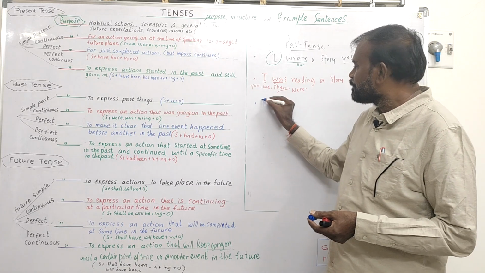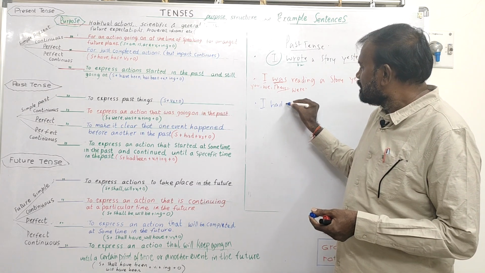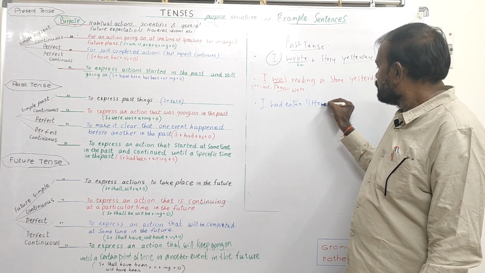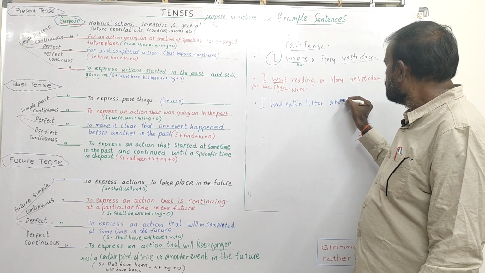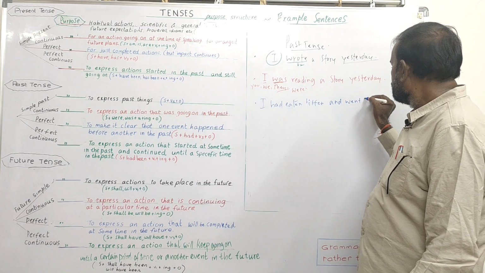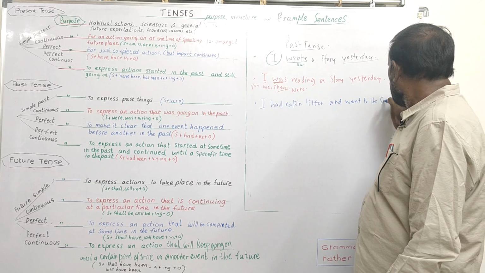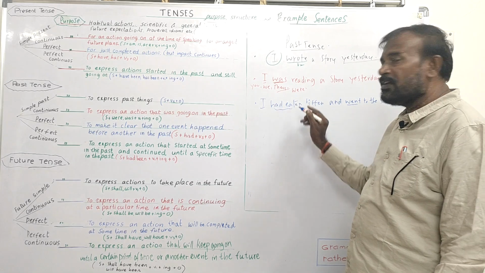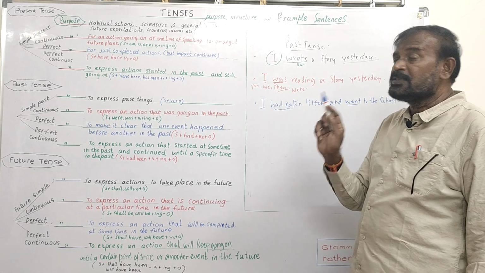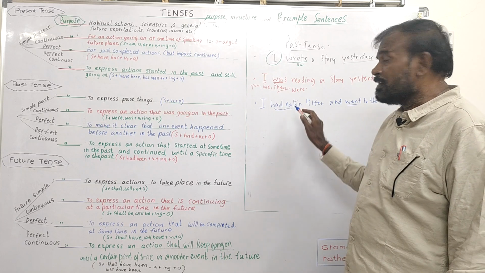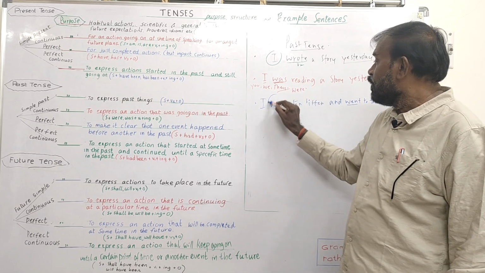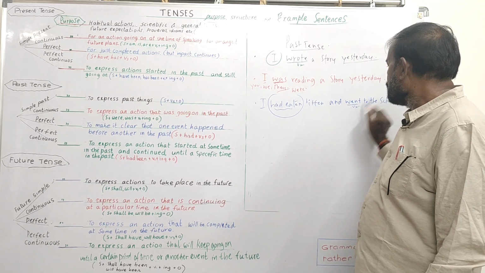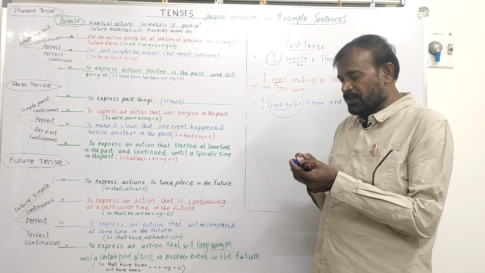For example, I had eaten tiffin and went to the school. Here, two things happened in the past. For the first happened thing, the completed thing, we use past perfect, whereas for the second we use simple past.